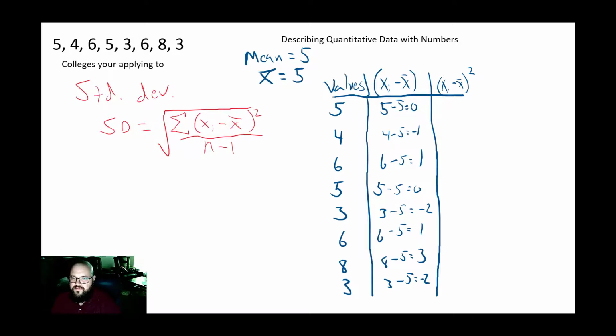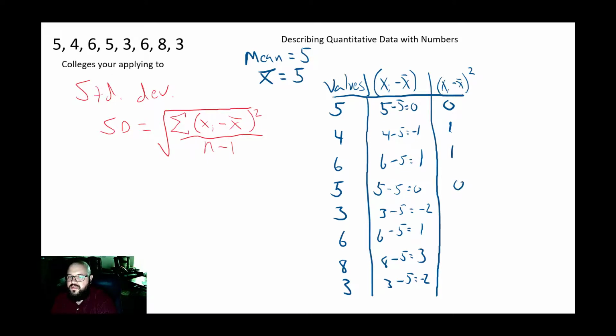Alright, so now we have those values. Now we just need to go ahead and square them all, right? So this will be pretty easy. No reason for a calculator with that. We should have 0, and negative 1 squared is going to give us a 1. 1 squared is going to give us a 1. 0 squared is 0.